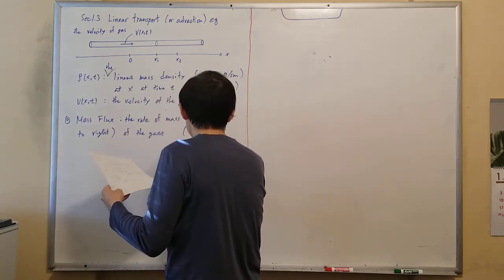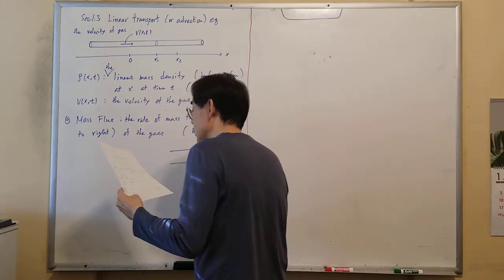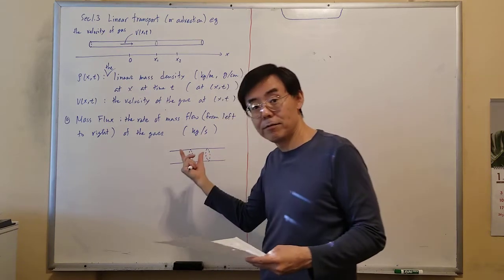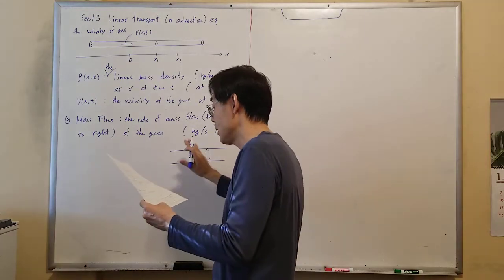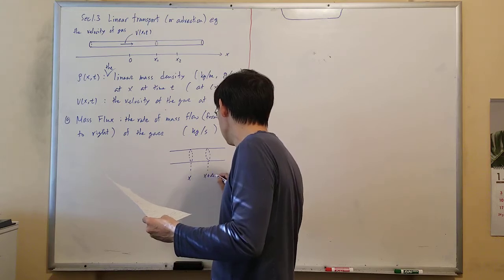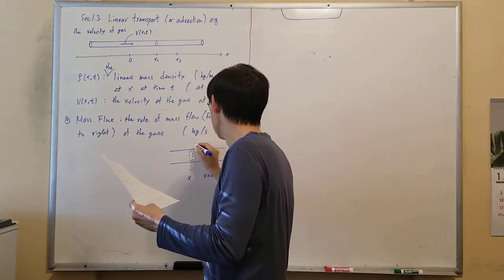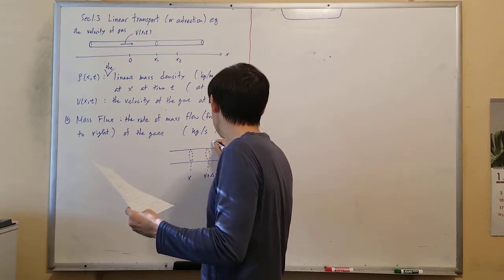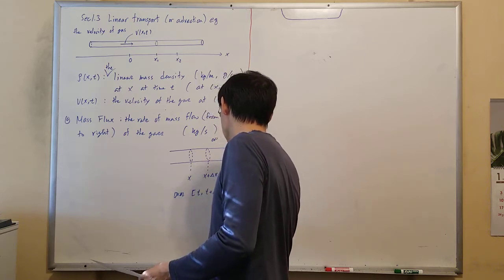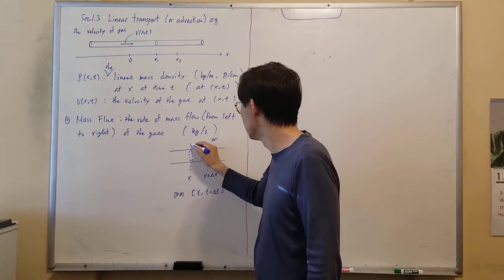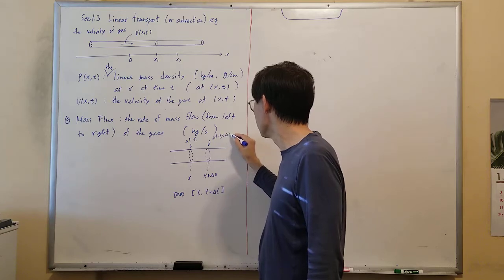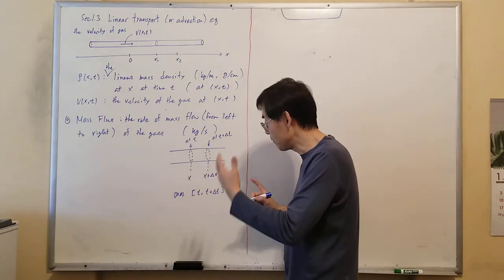Let's say you're following a certain small block of gas, from x to x plus delta x, over a short period of time, from t to t plus delta t. Supposedly delta t and delta x are very small.